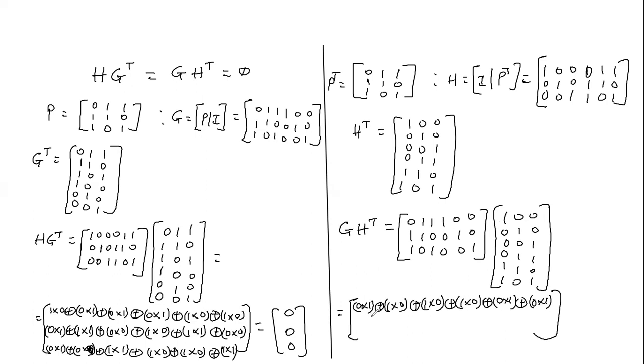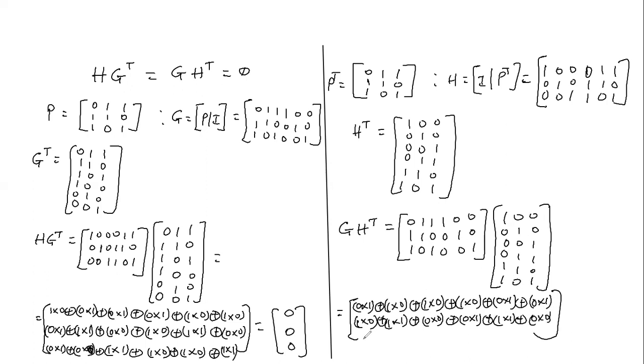Then this now is 1 times 0, 1 times 0, plus 1 times 1, plus 0 times 0, plus 0 times 1, plus 1 times 1, plus 0 times 0.